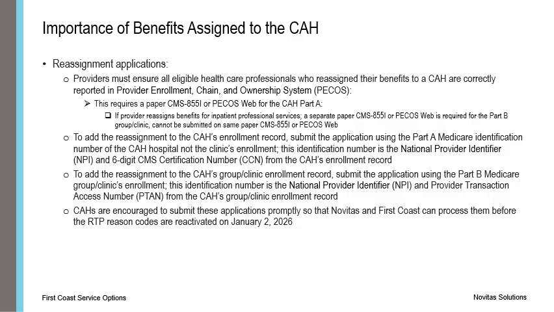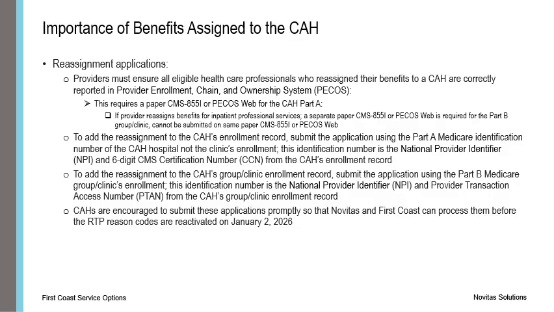To add the reassignment to the CAH's enrollment record, submit the application using the Part A Medicare identification number of the CAH hospital, not the clinic's enrollment. This identification number is the NPI and the CCN of the CAH's enrollment record. To add the reassignment to the CAH's group clinic enrollment record, submit the application using the Part B Medicare Group Clinic's enrollment.